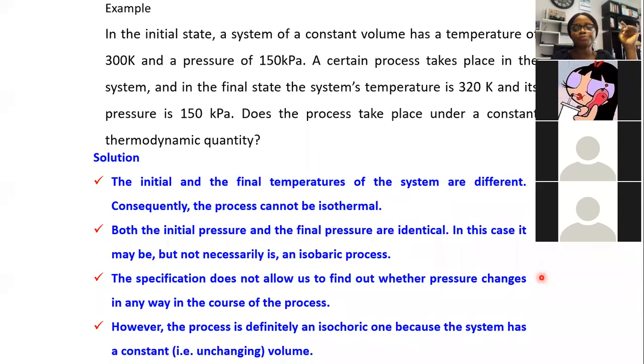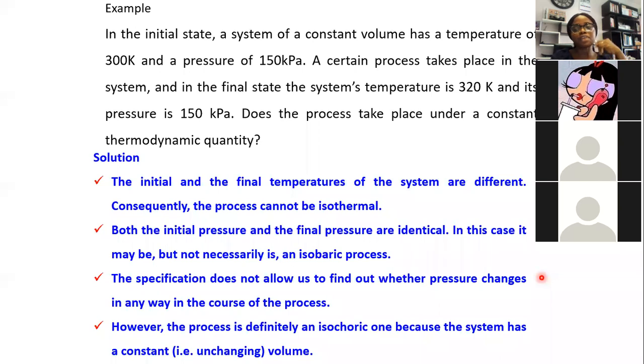Banjo, are you sure? Who else do we have? Banjo says isobaric. Itunu, isocoric. Jemema, isocoric. So Banjo has changed it. Isocoric. Thank you.